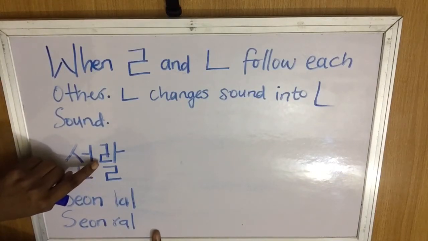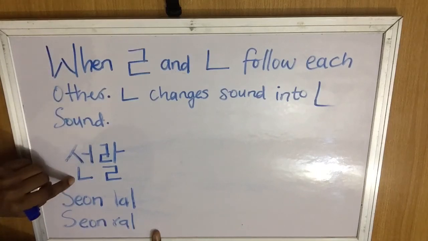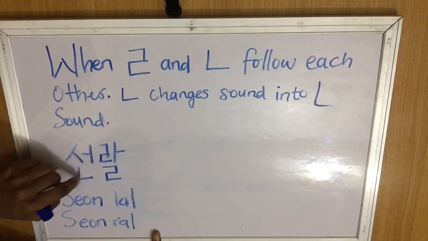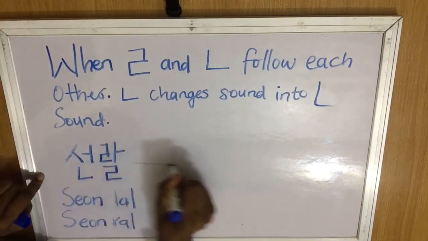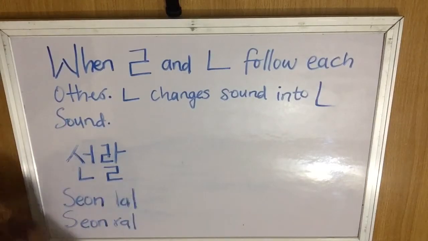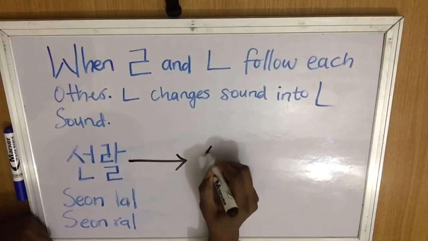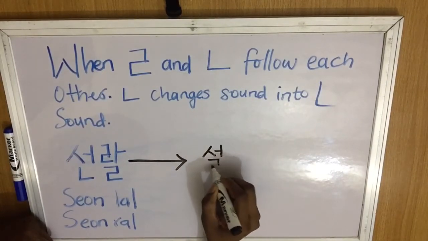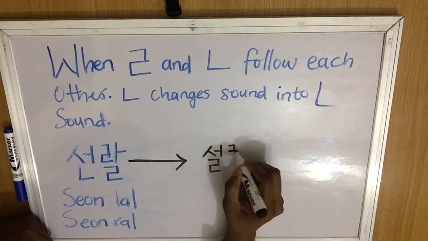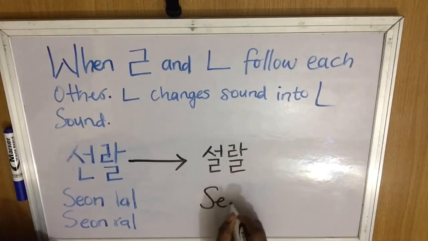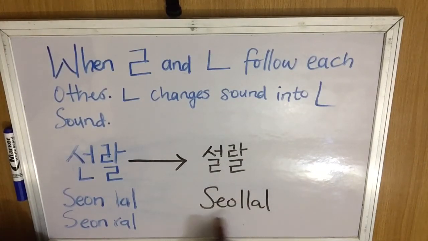Since nieun comes before rieul, or nieun and rieul are following each other, you're supposed to pronounce it like this, sollal. And Seollal is like New Year in Korea.